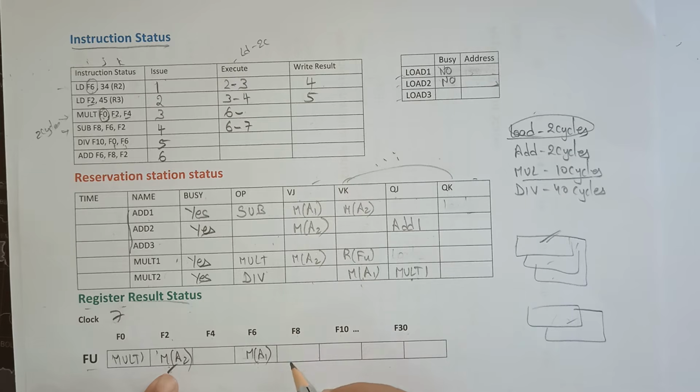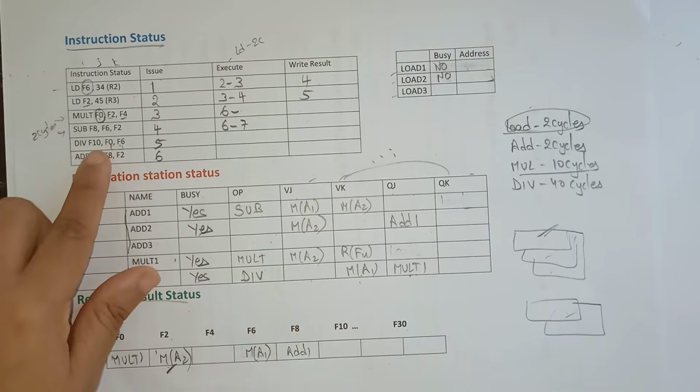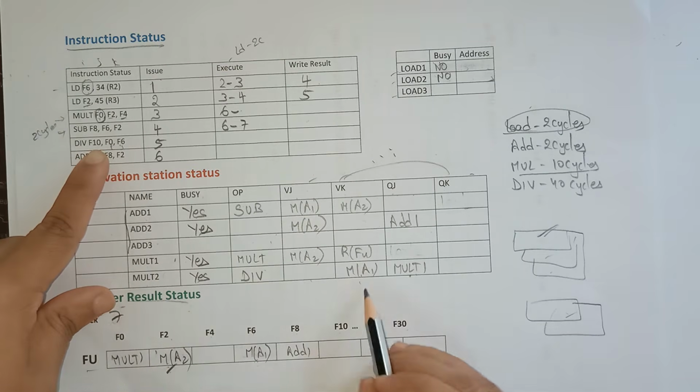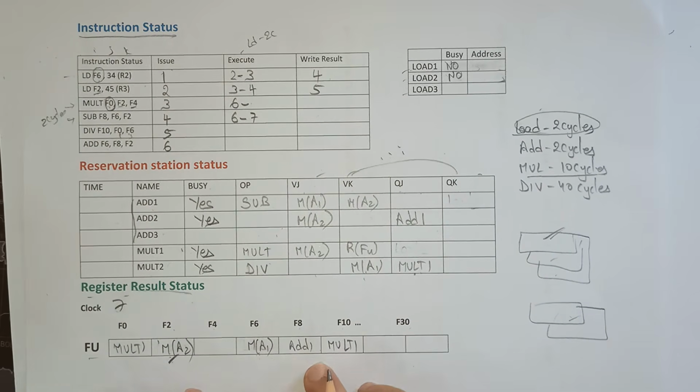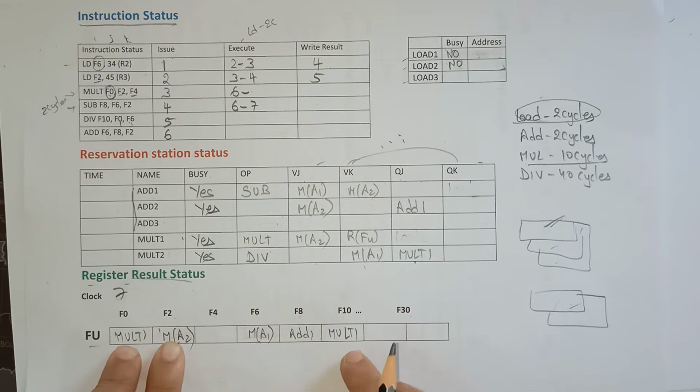Here let me write, F8 is still waiting, holding adder 1. And F10, what is F10? F10 is holding the multiplier. It is waiting for the multiplier. These are the register result status: F0 is waiting for multiplication, F8 is waiting for adder 1 and F10 for multiplier 1. Okay, so this is what is happening.